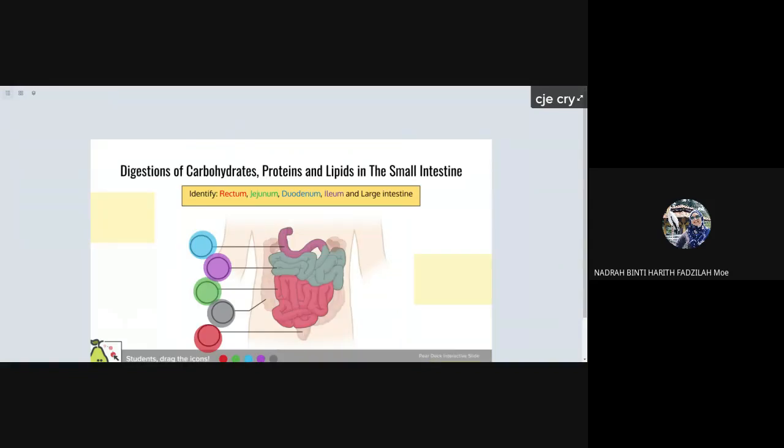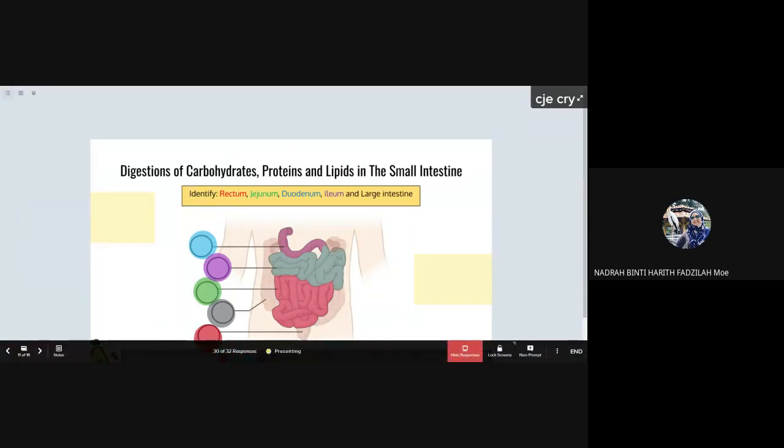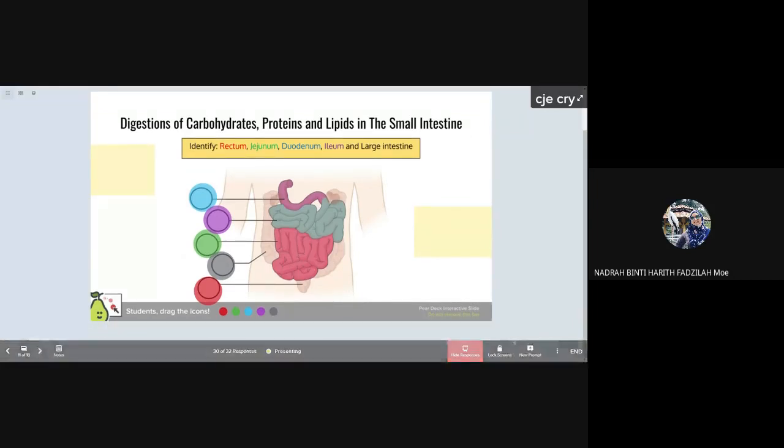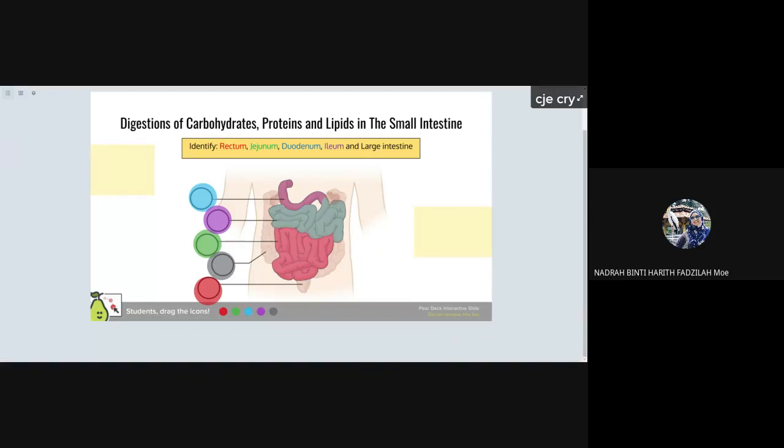Okay ya. So the first part, the top part, is duodenum, followed by the second one, jejunum, green ya. The second one is green. Okay, jejunum. And then the third one is ileum. So apa tadi?